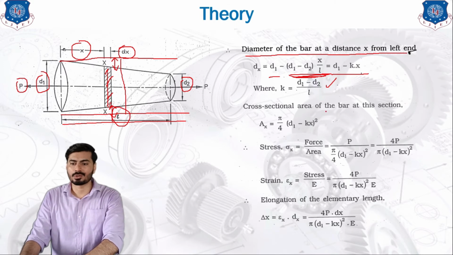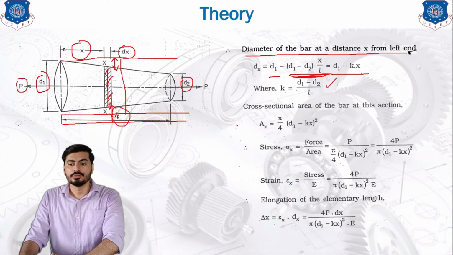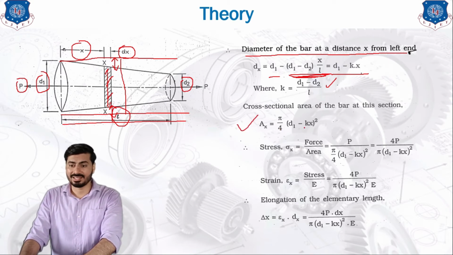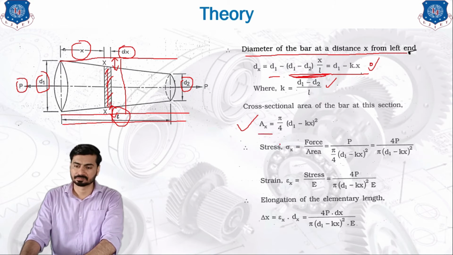Now look at the cross section area of the bar at this particular section. We need to calculate the area Ax. In order to calculate the area, we need the diameter, which is calculated over here, as you can see on your screen. So (d1 minus kx) squared into pi by 4 gives us the area of this section.